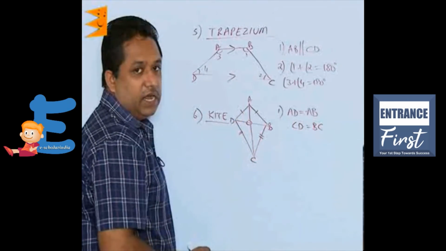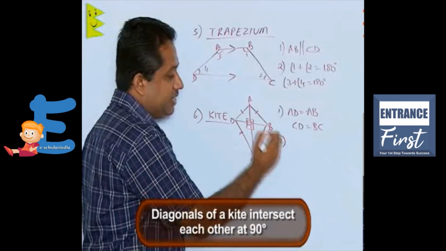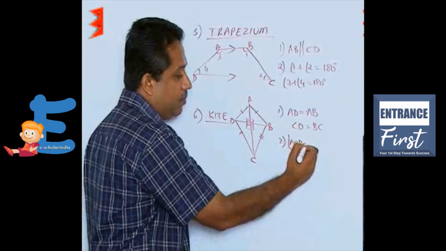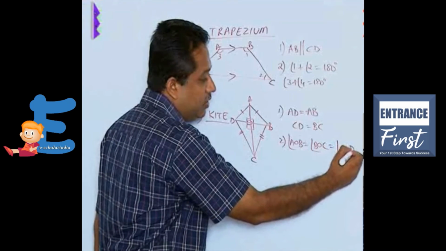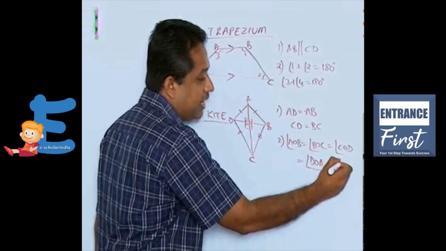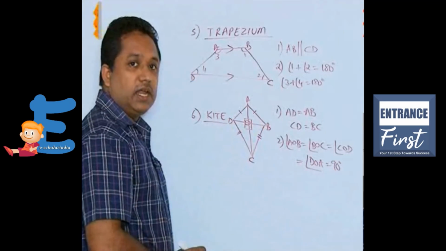The diagonals definitely are unequal, but the diagonals of a kite intersect each other at 90 degrees. So we can say that angle AOB is equal to angle BOC, is equal to angle COD, is equal to angle DOA, and all of them are 90 degrees. So diagonals intersect each other at 90.